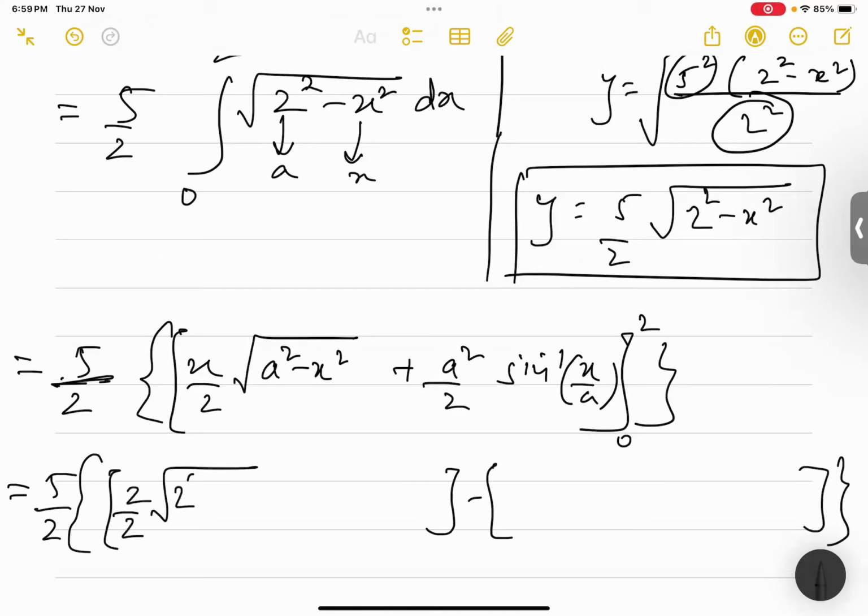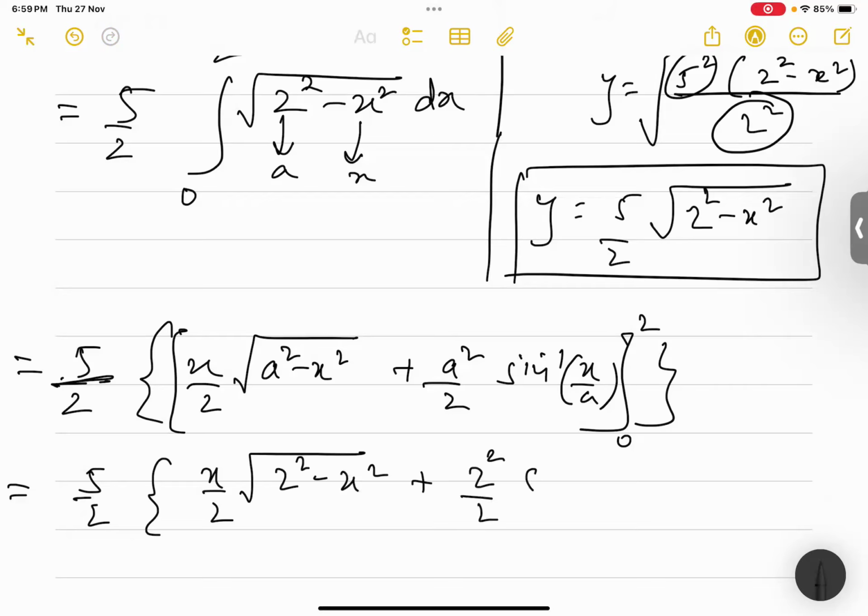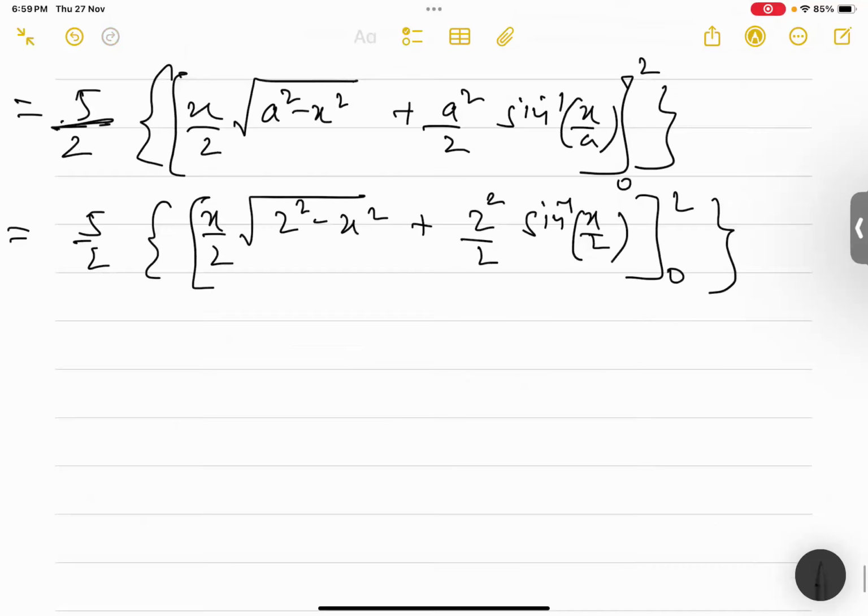Oh, sorry. First put the value of a. A is 2, right? 5 by 2, x by 2, a is 2. Okay, now you do box minus box.